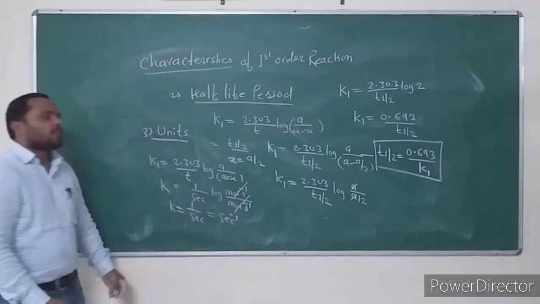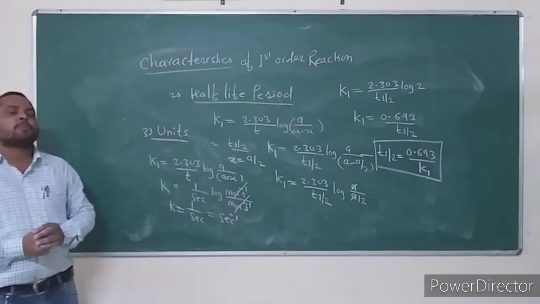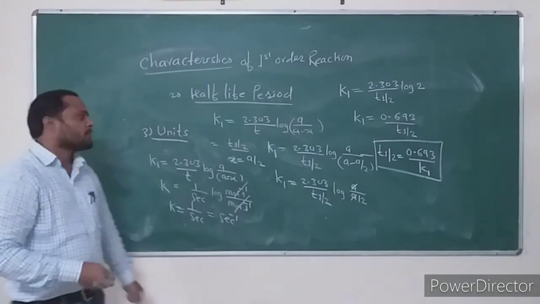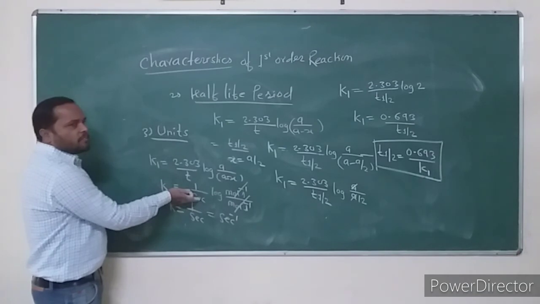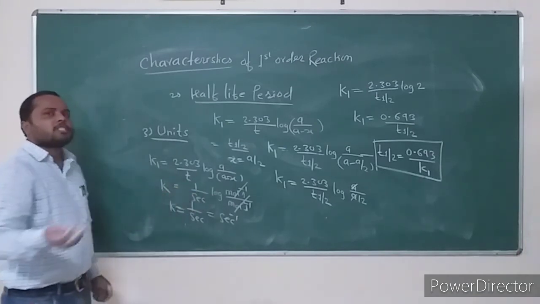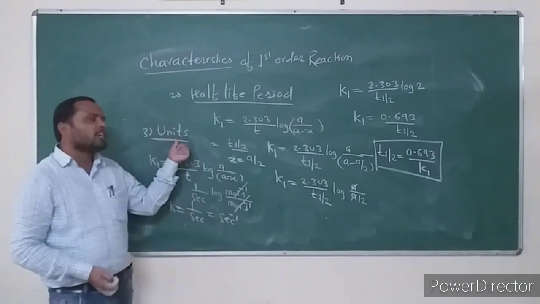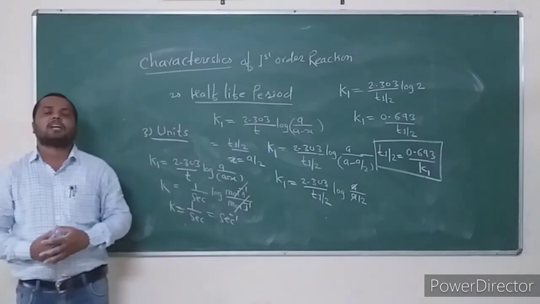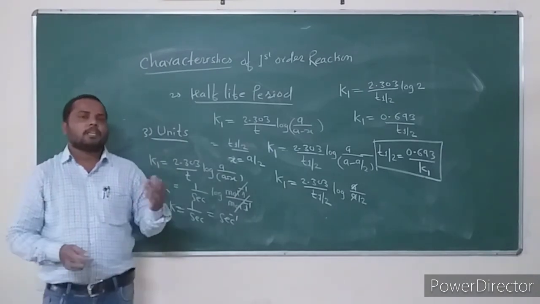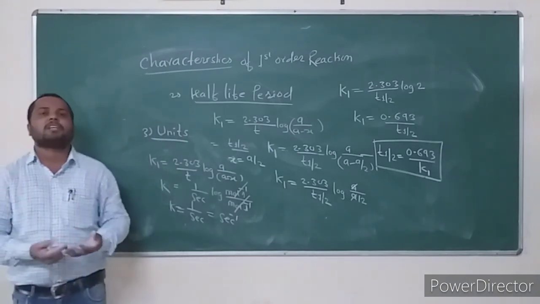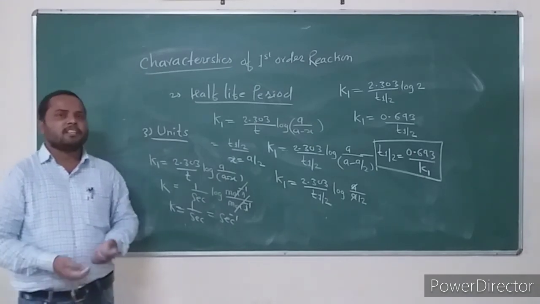The unit of first order rate constant is per second. It is generally per time. We can measure the time in minutes, hours. The unit may be per minute, per second, per hour, per year.